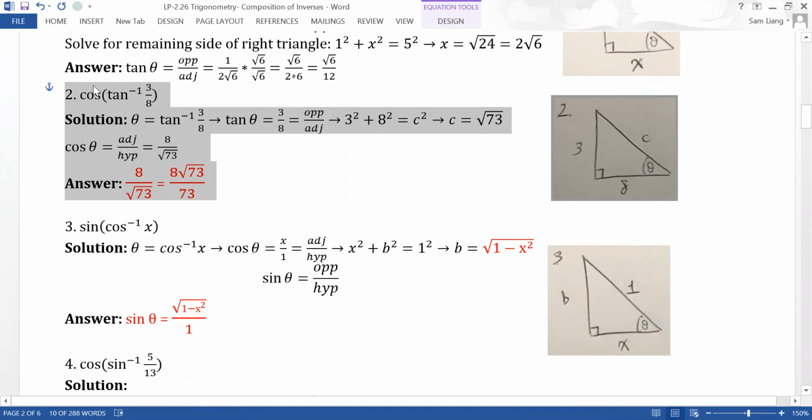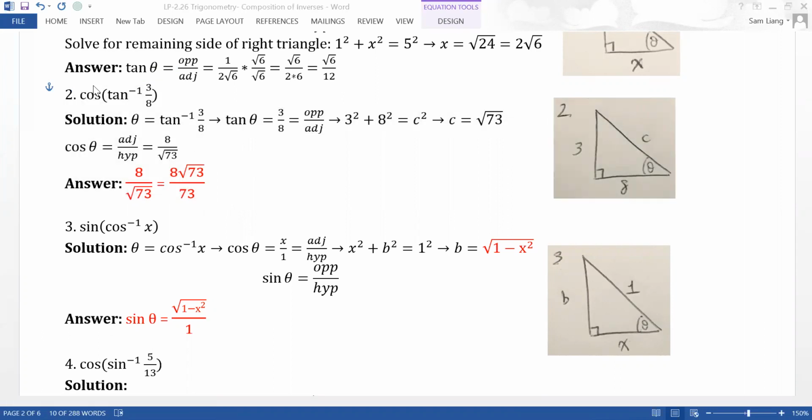Because it's tan, it's opposite over adjacent. So the two sides are 3 and 8. When you add both of those squared and then take the square root of that, you get square root of 73. So the cosine of that angle would just be 8 over radical 73, and then you multiply it, and yeah.